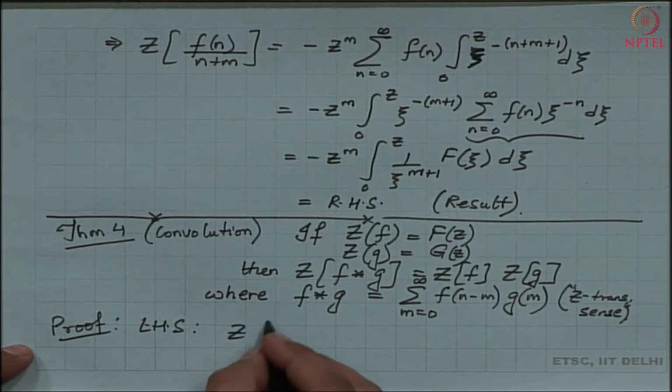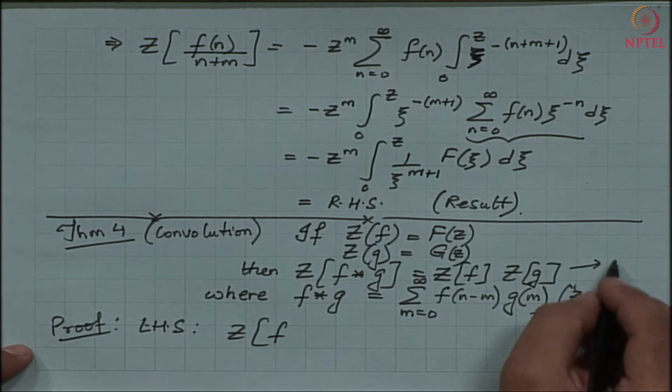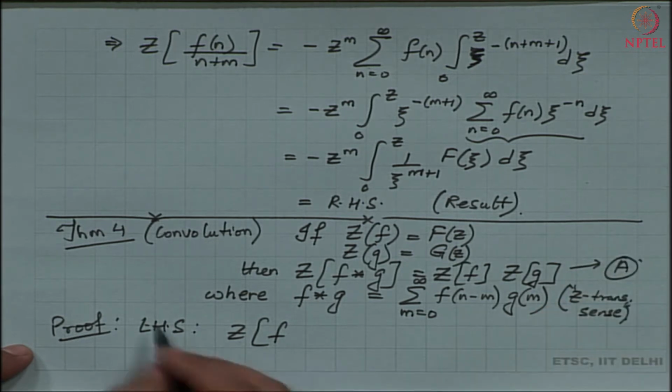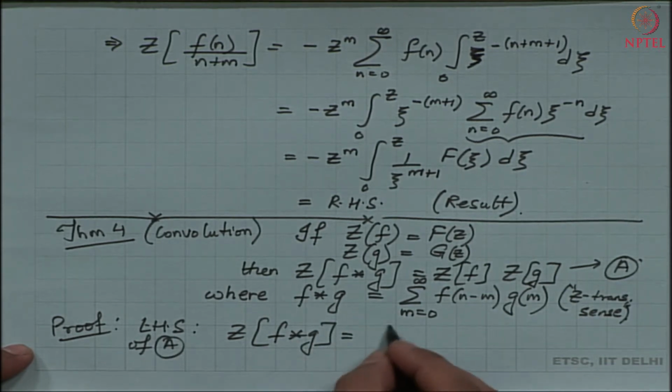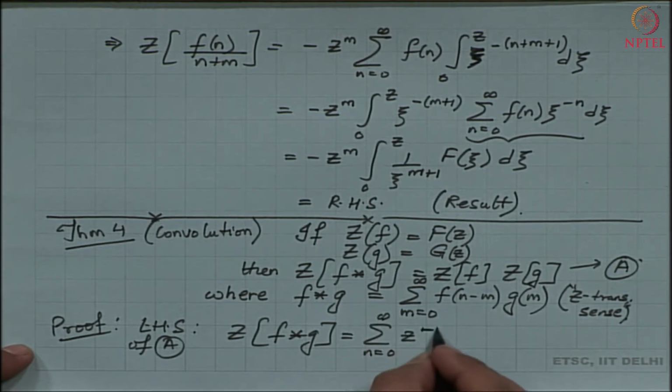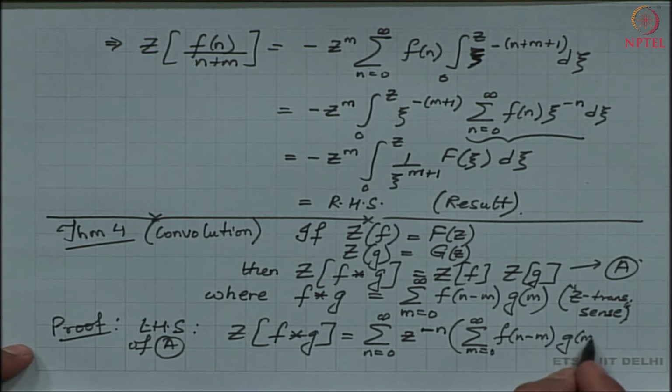Let me call this my result A. I am looking at the LHS of A. The z transform of the convolution of two functions is by definition the summation n from 0 to infinity z to the power negative n times the convolution, which is the summation m from 0 to infinity f of n minus m g of m, and then the summation over m.